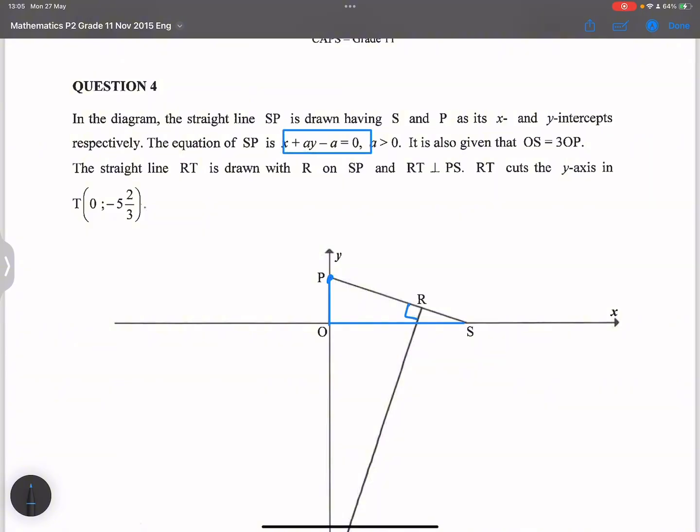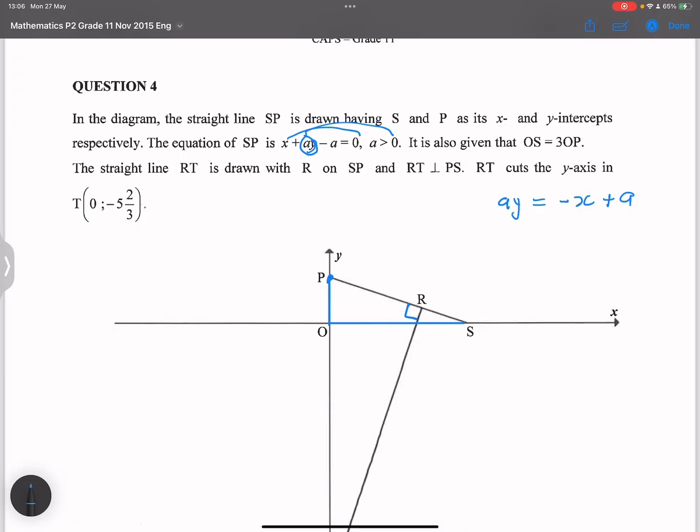Right, so let's take y and make it the subject of the formula. This is going to be minus x plus a, right? So if we leave y, we take everything else to the other side. So we've got minus x plus a.